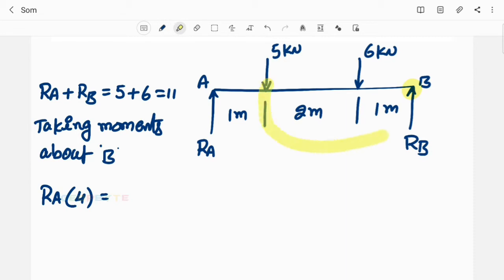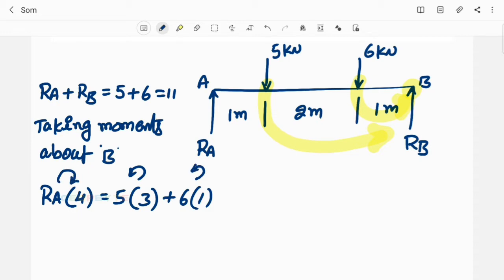This 5 kilonewton is developing the anti-clockwise moment. 6 kilonewton is also developing anti-clockwise moment. Therefore, 5 into 3 plus 6 into 1, up to distance B. These two are anti-clockwise moments, and the moment due to RA is clockwise.